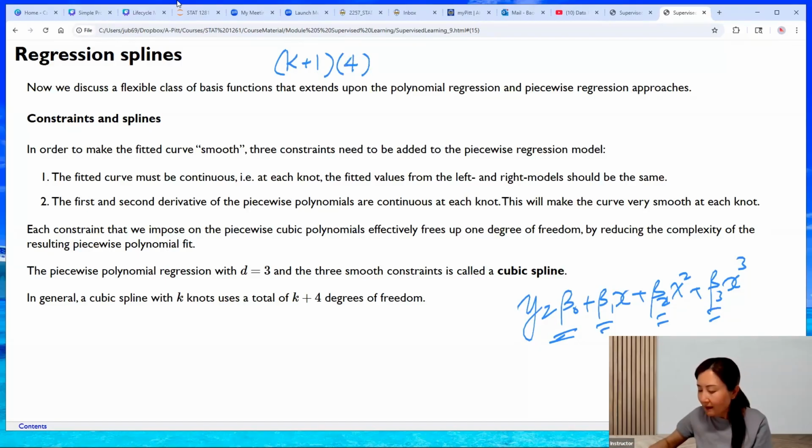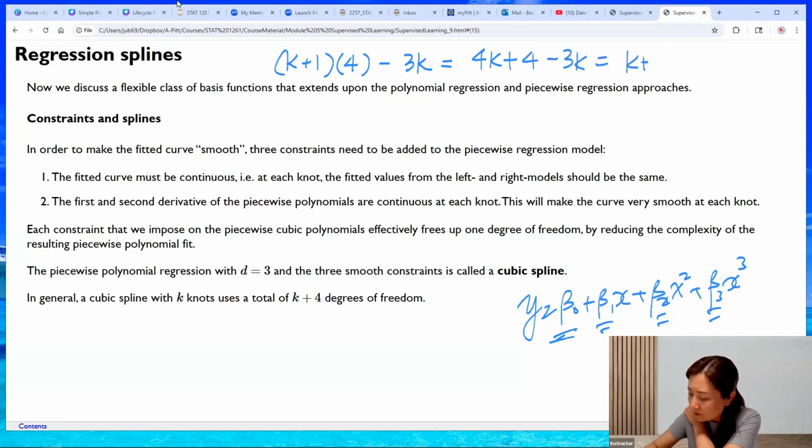Now don't forget, we put 3 constraints at each knot, and each constraint will free up 1 degree of freedom, which means it will decrease degrees of freedom by 1. So 3 degrees of freedom will be freed at each knot, and in total we will free up 3 times k degrees of freedom. Let's summarize the result: 4k plus 4 minus 3k. So we get k plus 4.